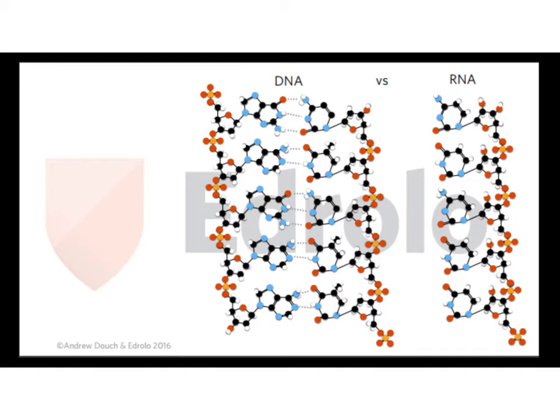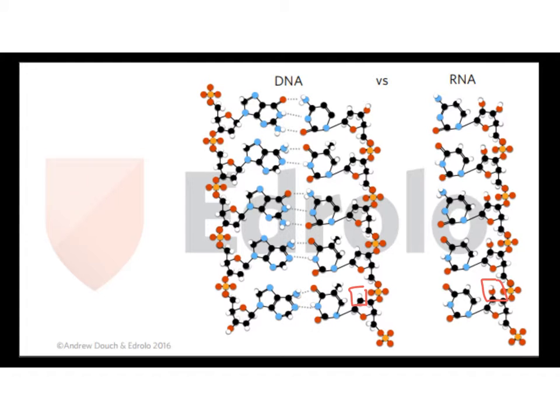The second main difference is that on this second carbon down here, and if we look at the same second carbon down here, we've got a hydroxyl group attached. So that's where we get deoxyribonucleic acid and ribonucleic acid. So the deoxy is within the DNA because it doesn't have that hydroxyl group attached to that second carbon.